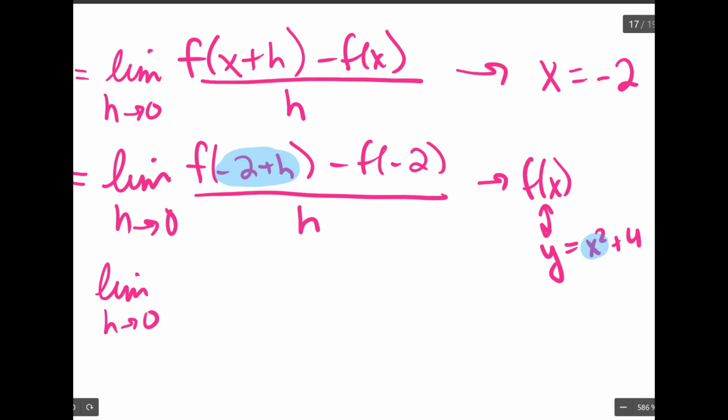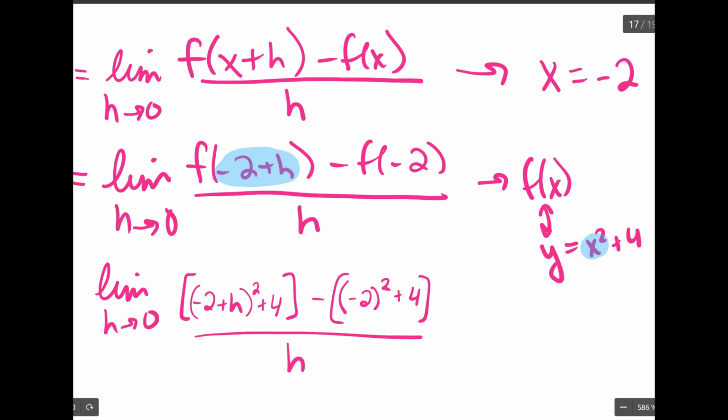So I'm going to have negative 2 plus h squared plus 4 minus negative 2 squared plus 4, all over h. You'll see this whole thing right here is just my original x value, negative 2 plus h.